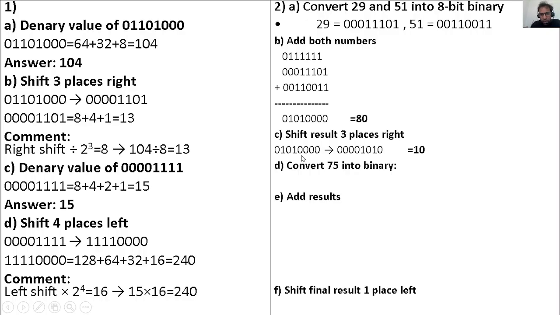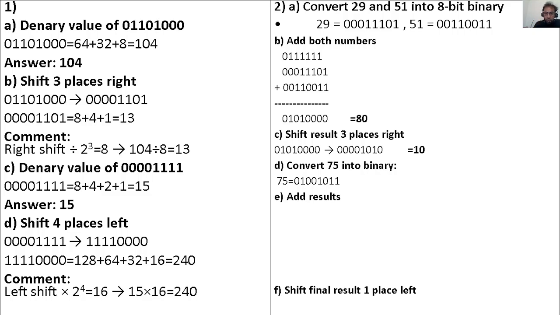Yes, and we add zeros towards the back of it. So this gives us the result 80. If we divide it by 8, it gives us 10.